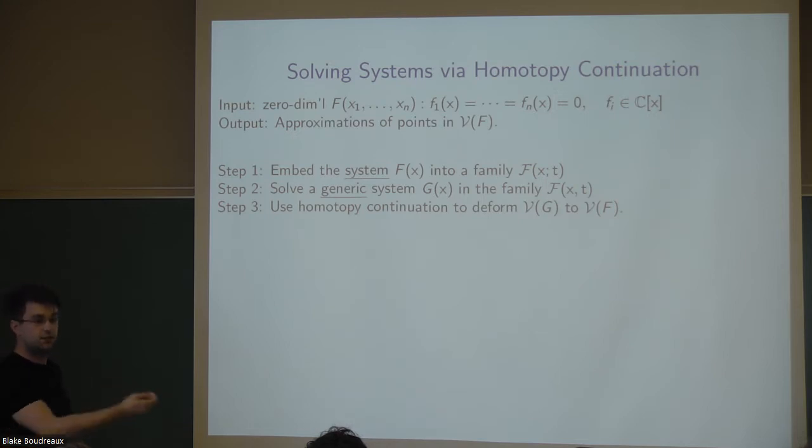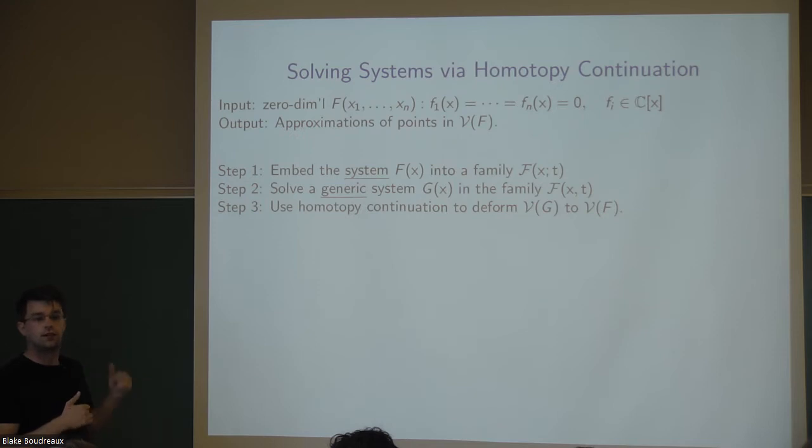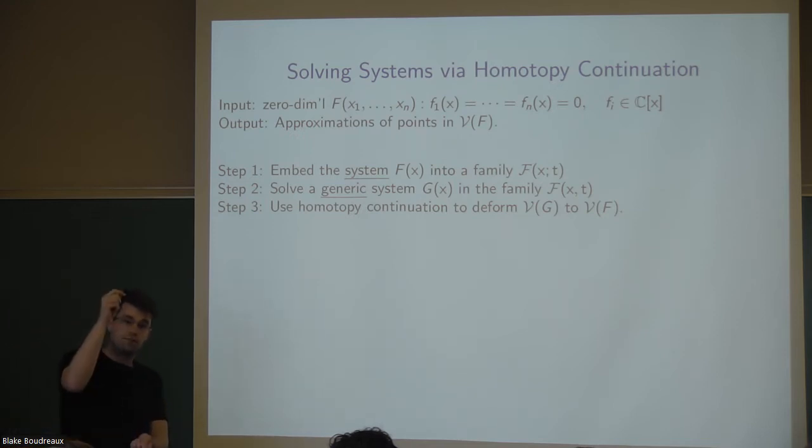Either it's a family just based on this one parameter t, or it's this family of problems about conics. Step two, we solved a generic system in that family that was easy to solve. So in this Bezout homotopy, it was super easy because we constructed it to just have roots of unity as the solutions. But you can choose different families too, in which case step two becomes much harder. And then step three, you go from that generic parameter value to the special one.